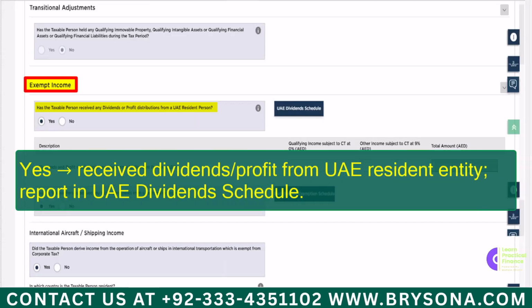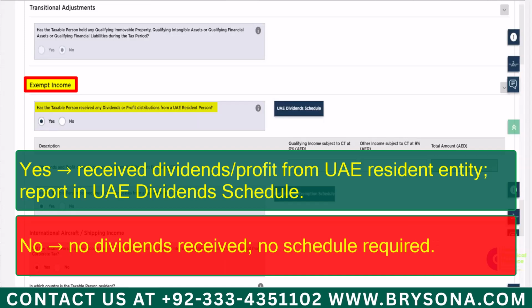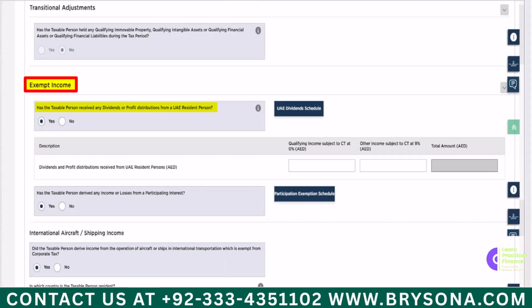Answer yes if you received dividends or profit from a UAE resident entity, and report in the UAE dividends schedule. Answer no if no dividend was received, then no schedule is required to be filled. In the current scenario, I answered yes.